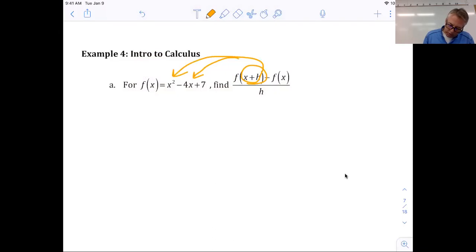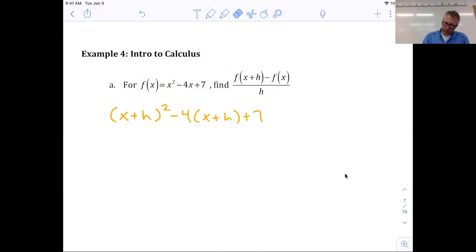So f of x plus h is going to be x plus h quantity squared minus 4 times x plus h plus 7. Okay, so that is f of x plus h. I just plugged x plus h in for these x's here.